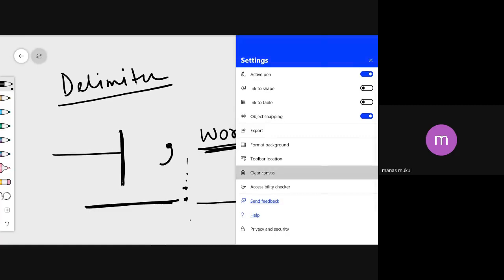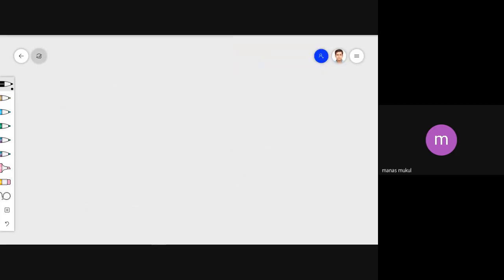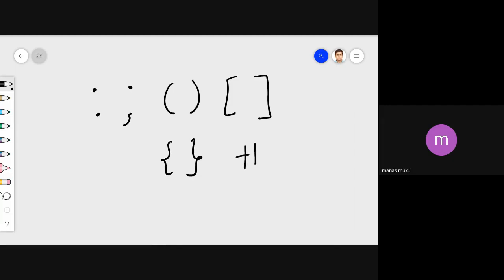Now, why is it important to learn these very special kinds of symbols? I'm giving you some symbols here. This is a colon, this is a semicolon, then you have these parentheses, these square brackets, and curly brackets. This is hash, and then you have the comma. These are examples of delimiters.